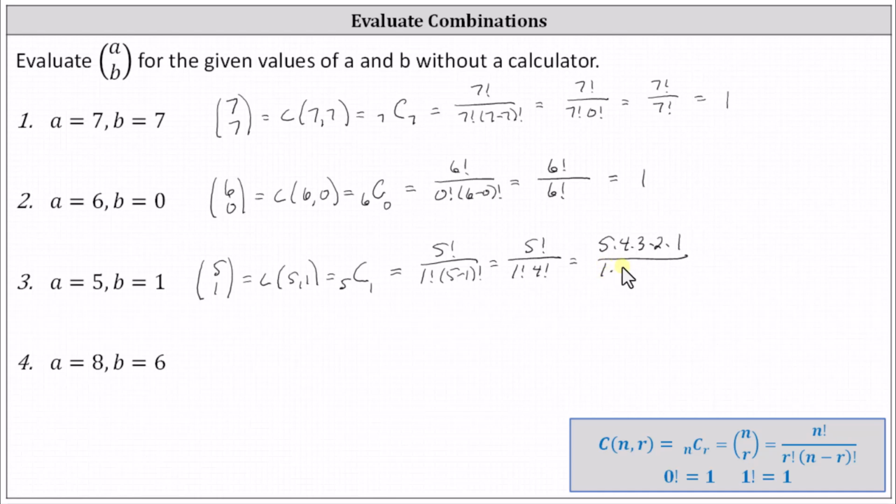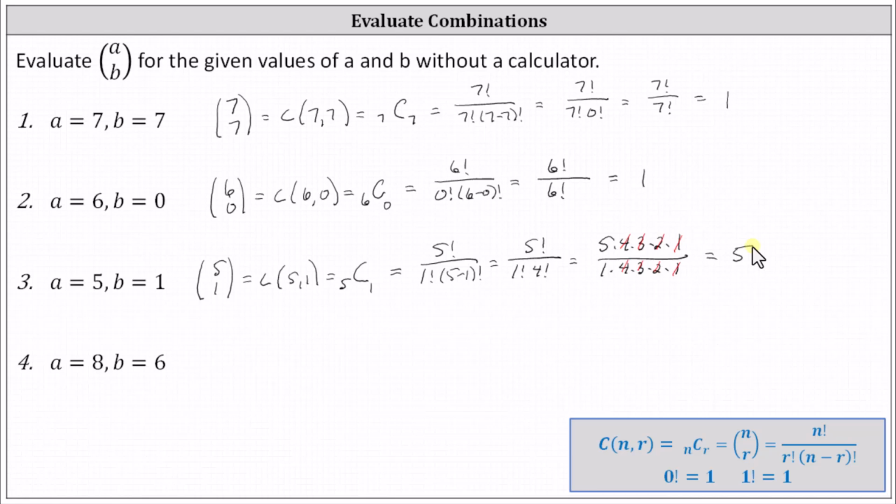And 4 factorial is equal to 4 times 3 times 2 times 1. Simplifying, 4 divided by 4 simplifies to 1, and so does 3 divided by 3, 2 divided by 2, and 1 divided by 1. Simplifying, 5 choose 1 equals 5.